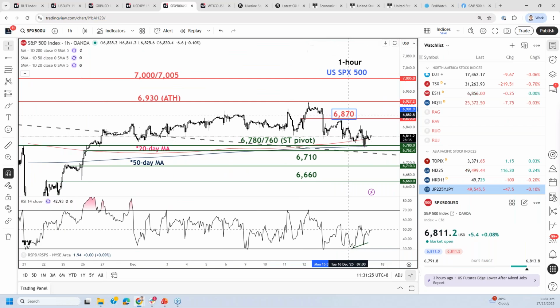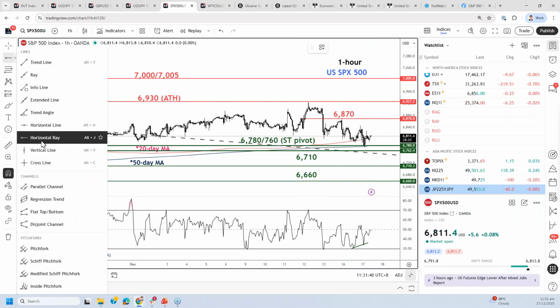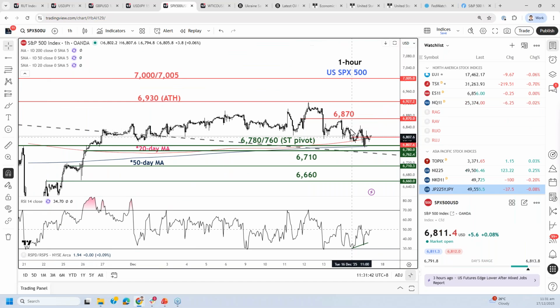So with that, still maintaining our recovery scenario for the SPX 500 using 6,780, 6,760 as my short-term pivotal support level for sure, given yesterday's bounce coupled with the bullish divergence. First resistance level to watch will be yesterday's US session minor swing high area here at 6,840.